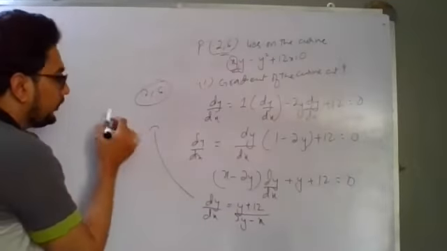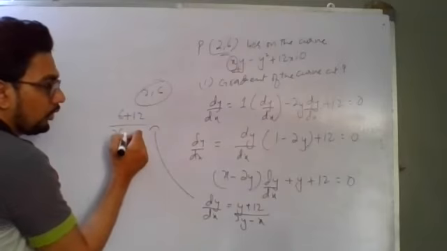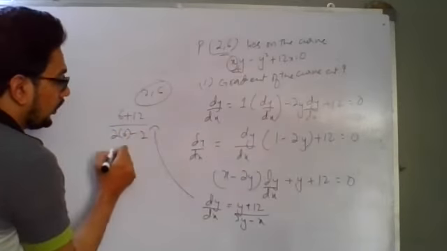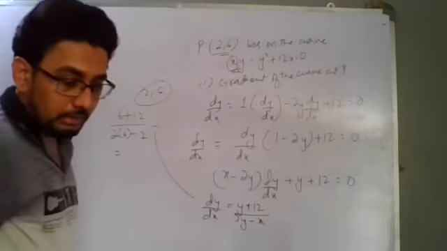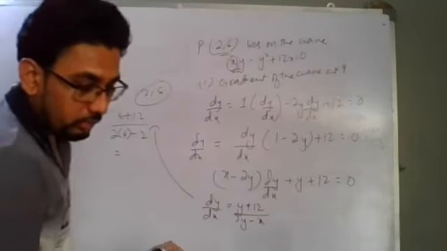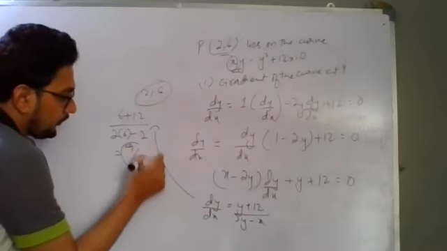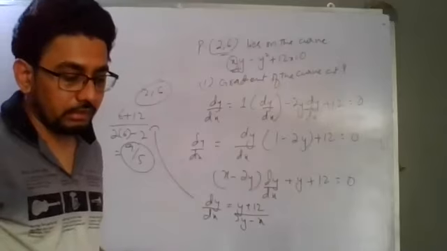Inserting the values, we get 6 plus 12 over 2 into 6 minus 2. So dy over dx at P is 9 over 5.